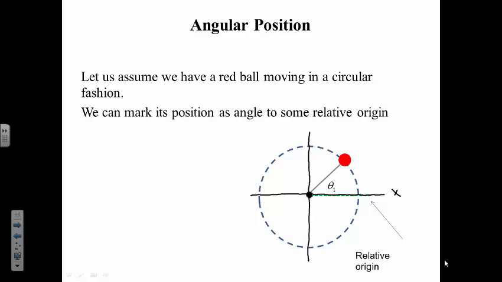Then, if you're thinking in terms of X and Y, we always measure the angle, let's call it theta. We measure theta up from the x-axis counterclockwise. So the idea is that we always pick this x-axis as the relative origin, and we measure our angles counterclockwise from that axis.